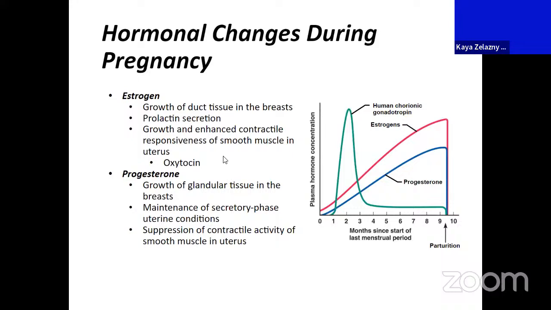And they're suppressing those contractions of the uterus right until birth. So you can actually see that progesterone falls first and then estrogen falls. So estrogen like takes over during labor because the progesterone is gone, which is why those smooth muscles in the uterus and that oxytocin can cause contractions so the baby is born.